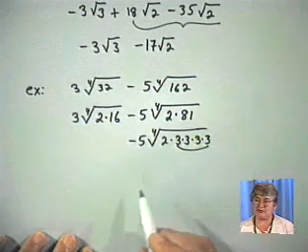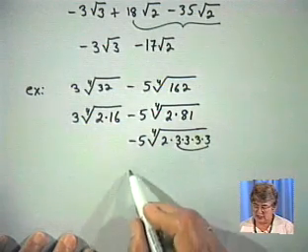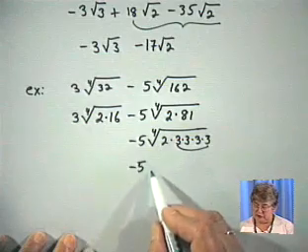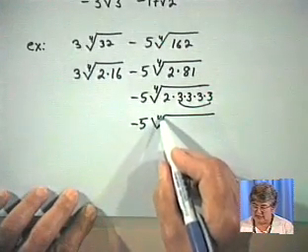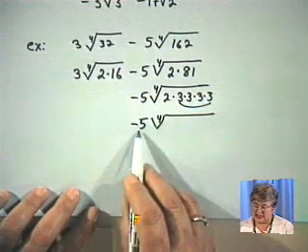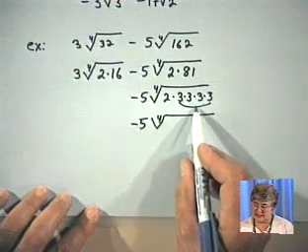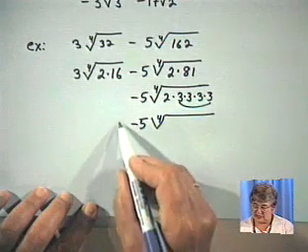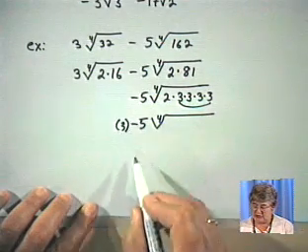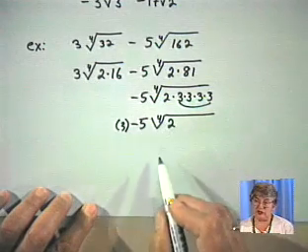That means that this is a perfect 4th power. And because it's a perfect 4th power, it can go to the outside of the radical. Move this perfect 4th power to the outside, and it becomes a 3 on the outside. Inside, we're left with a 2.